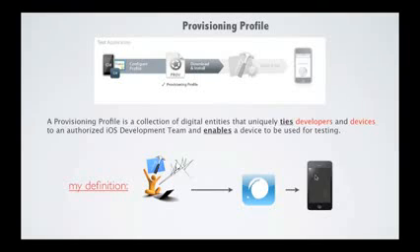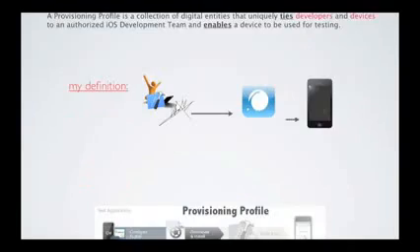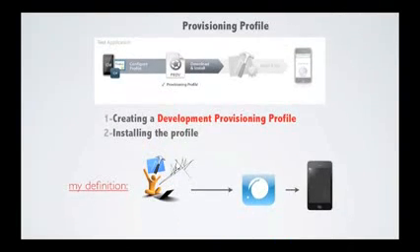This is what a provisioning profile is. So we are actually going to create some kind of file, then download it, and install it so we are able to run the app on the device. So we have to create the profile and then install it.